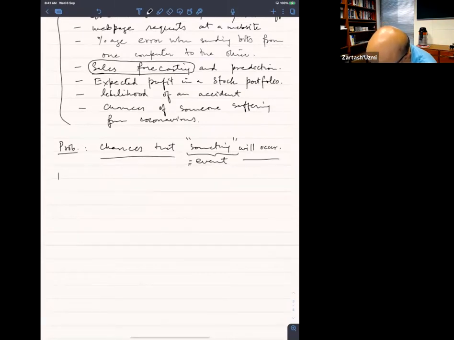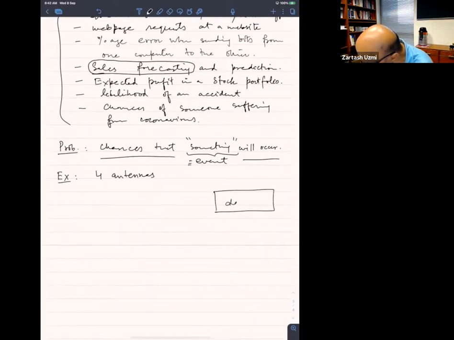I'll motivate this with an example. So let's say that you have 4 antennas. You have a device here, and you put those 4 antennas on it.